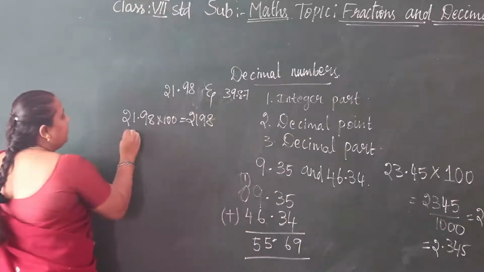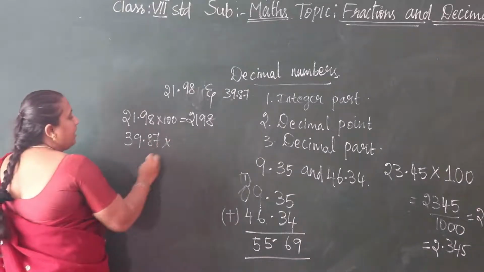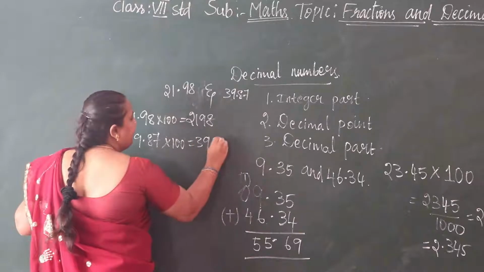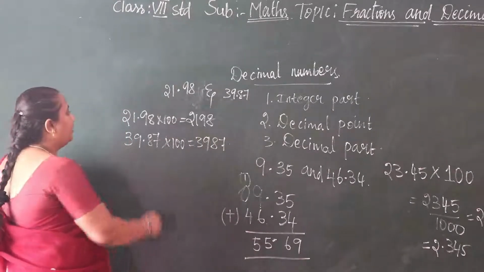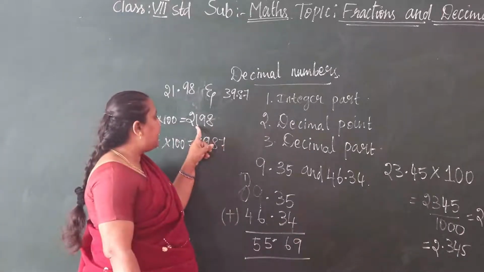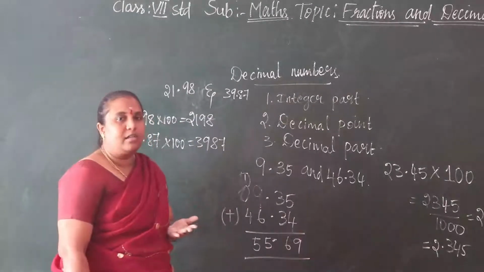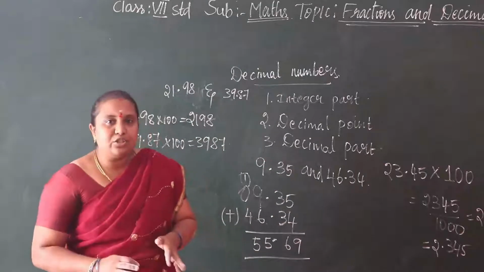And we multiply this one also by 100, because we have 2 decimal places, which gives 3987. So 2198 is less than 3987.